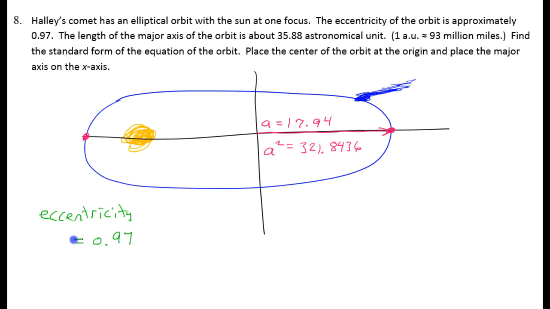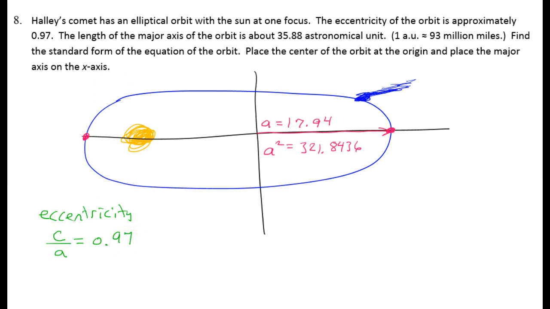Now, the eccentricity is the C value divided by the A value. Let me try that again. The eccentricity is the C value over the A value. So I know that C over A is equal to 0.97.